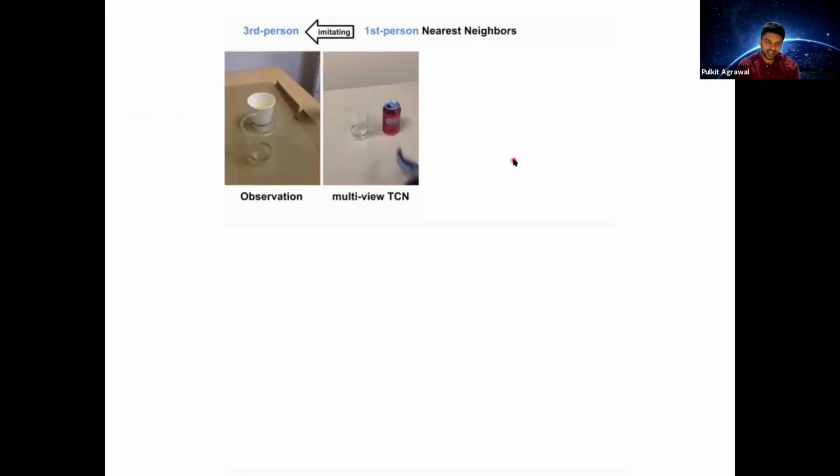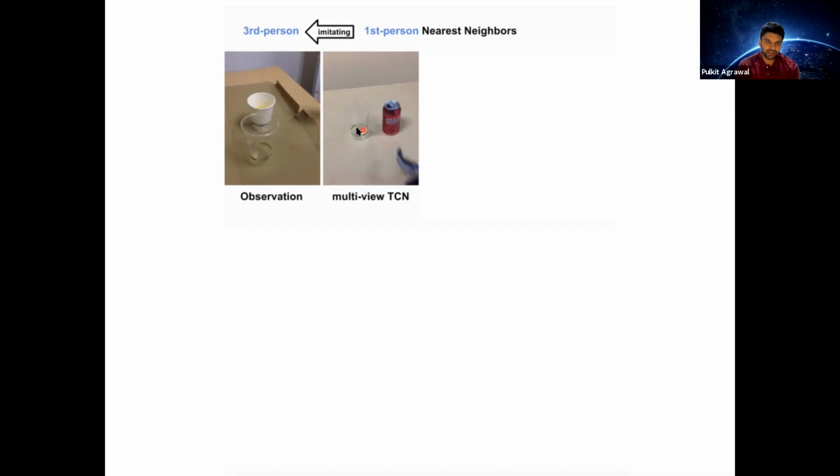So let's look at how well this feature learning does. The way to do this is that we are going to take a third person video and find the nearest neighbors in the feature space of videos in the first person.